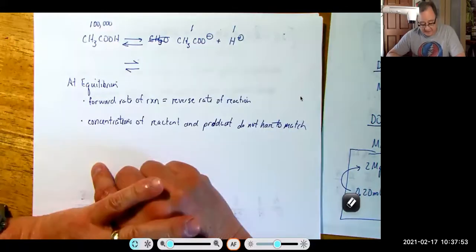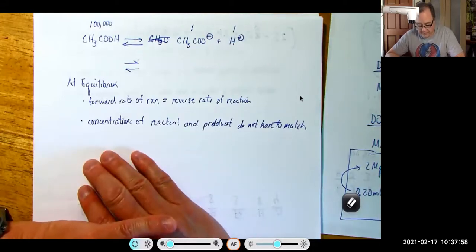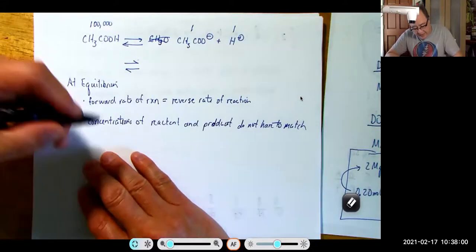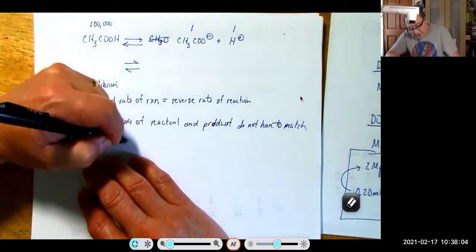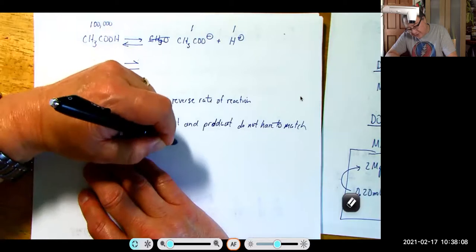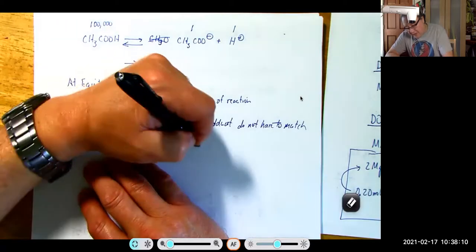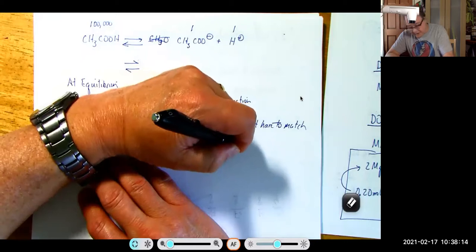They're quite different. And we say if the concentration of products is greater than the reactants, we call it product favored. Does that make sense to you?